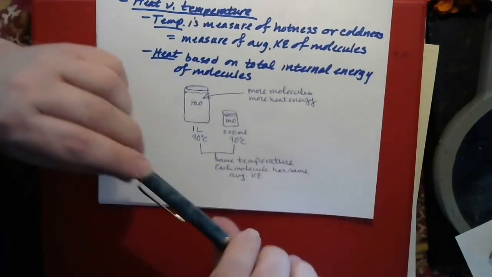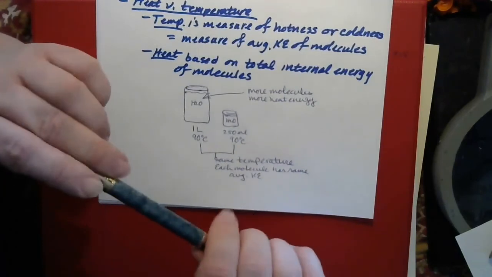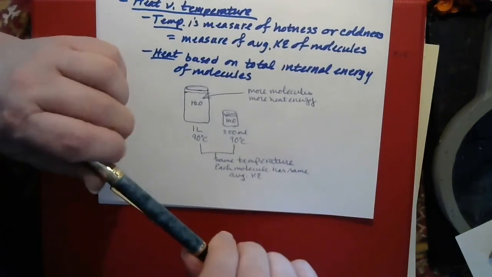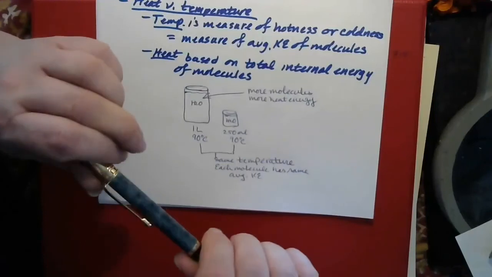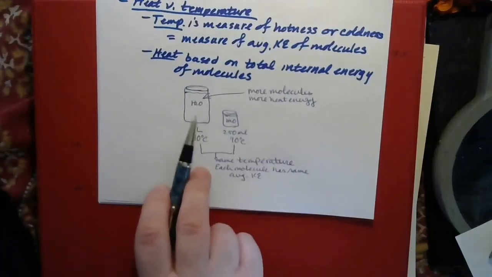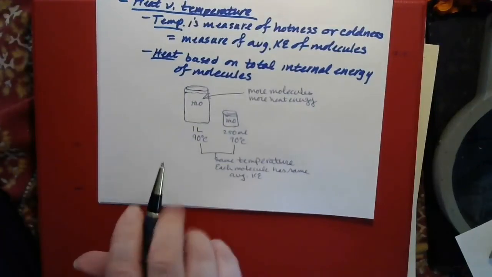If you try to cool down the containers of water, or just put them on the counter and wait for them to come down to room temperature, unsurprisingly, the bigger one is going to take a lot longer.